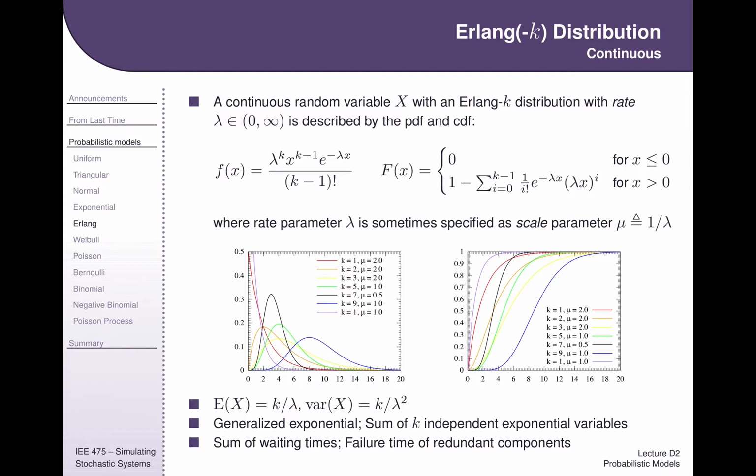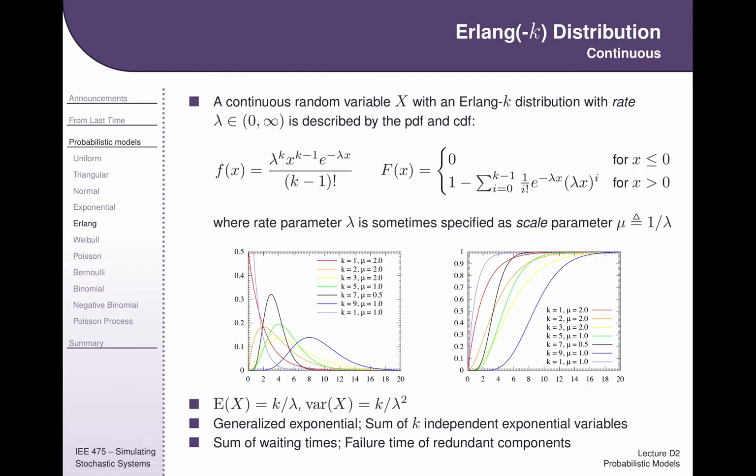So an Erlang is a generalization of an exponential with this new shape parameter k, which is interpreted as the number of exponentials you're adding together, so you're describing the time you'd wait for that many exponentials. The mean is k over lambda, and the variance is k over lambda squared. So again, very similar to a normal exponential.